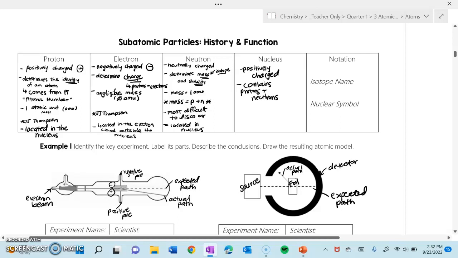So it has all the mass of the atom. And then the electrons fly around outside of it. And this was discovered by Ernest Rutherford in the gold foil experiment.